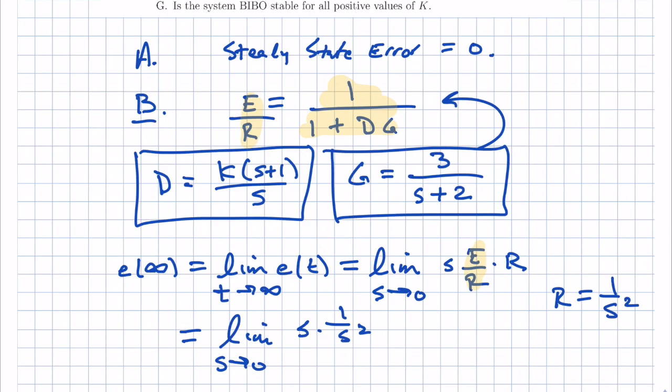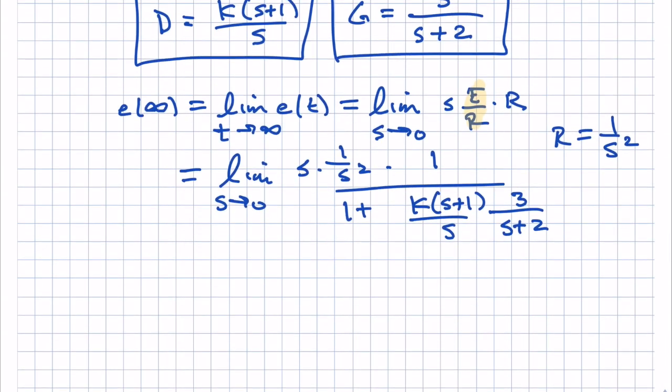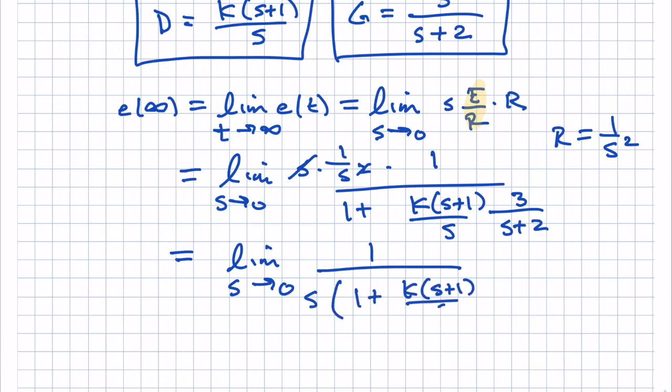Okay, so the transfer function is 1 over 1 plus D, K S plus 1 over S, times G, 3 over S plus 2. Okay, so we notice that one of these S's here cancels, and so now I have an S in the denominator. So this would be S times 1 plus KS plus 1 over S times 3 over S plus 2.